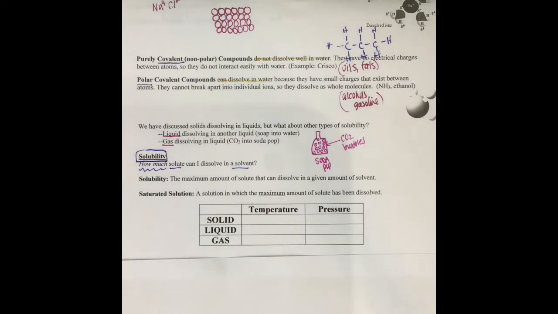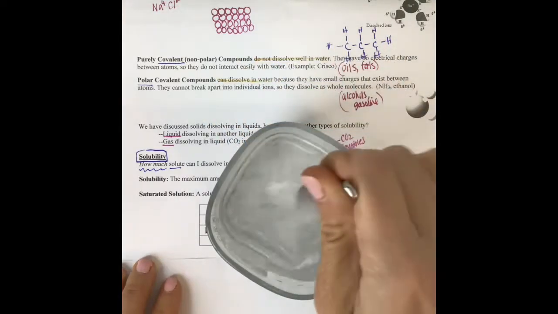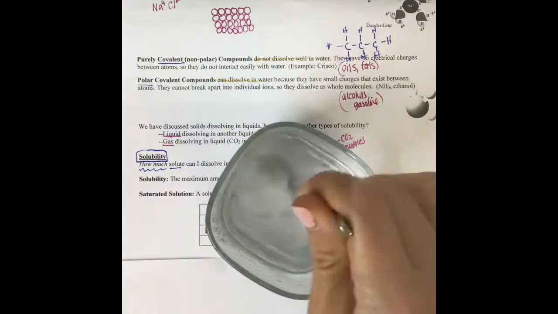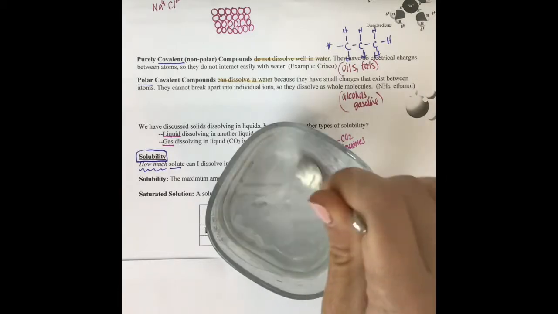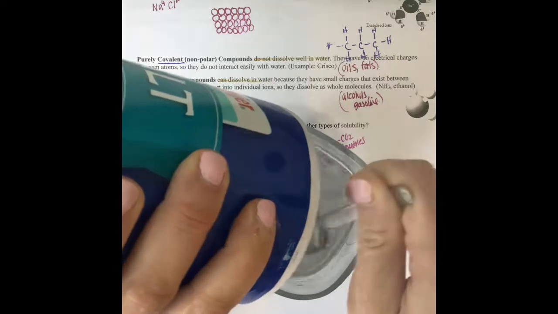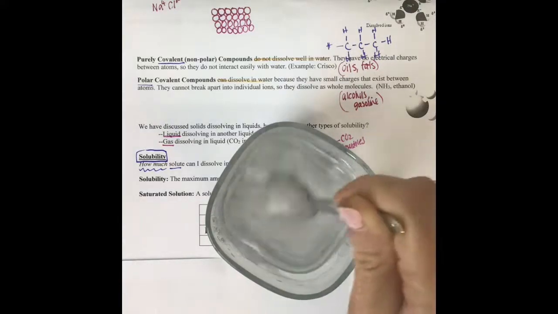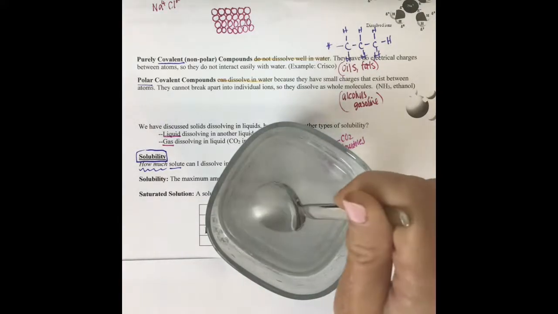Okay? So if I take my saltwater solution, you might have done this before, but you can actually dissolve quite a bit of salt up to the point where the solution cannot hold anymore. You'll keep adding and stirring, and at some point, the salt just sits on the bottom.